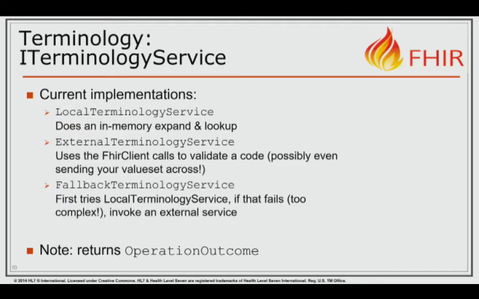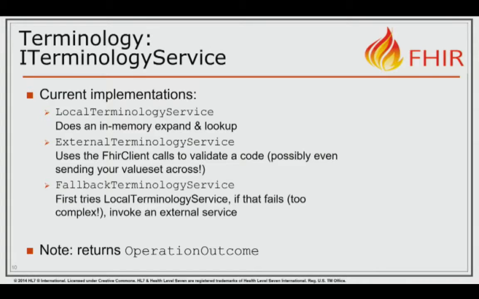And I wrote a few implementations again against those. One is called local terminology service. It's a pretty simple in-memory terminology service that, given a value set and a code, at least can tell you whether that code is in the value set. It does some limited expansion. It does a little bit limited lookups, but it works for many of the simpler value sets.